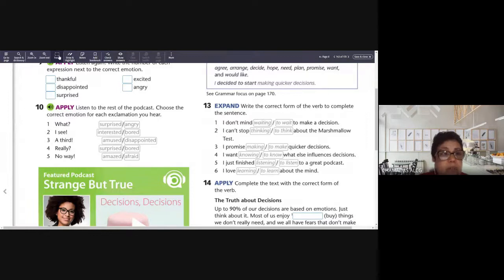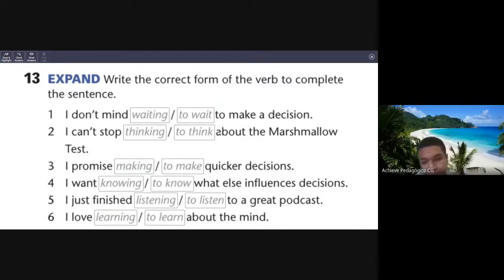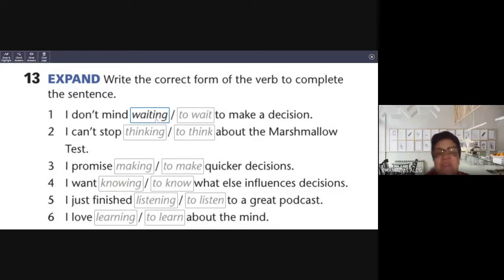Write the correct form of the verb to complete the sentence. So let's see number 1. I don't mind to make a decision. So what do you think we should use after mind? Waiting to make a decision. Waiting. Yeah, perfect. That verb takes a gerund.